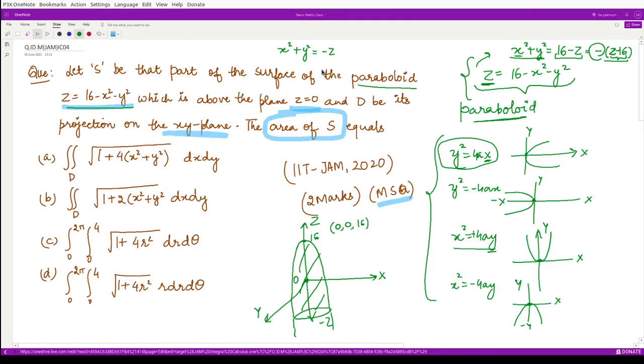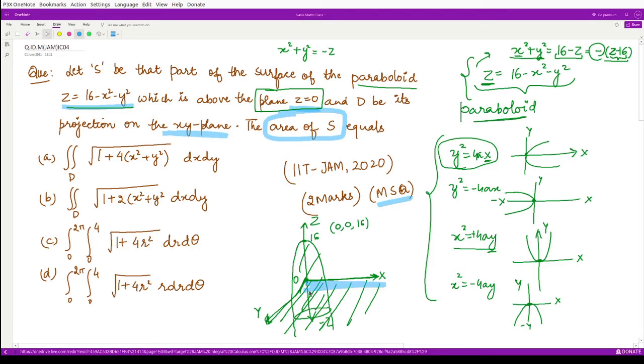So your surface is the surface of the paraboloid, z is equal to 16 minus x square minus y square, which is above the plane z is equal to 0. Now z is equal to 0 means you are here. So you could have every value of x and every value of y here. So z is equal to 0 is this xy plane, right?